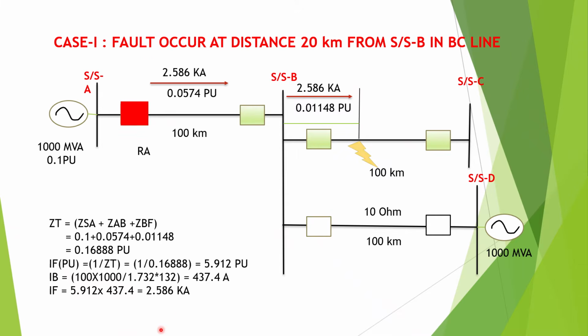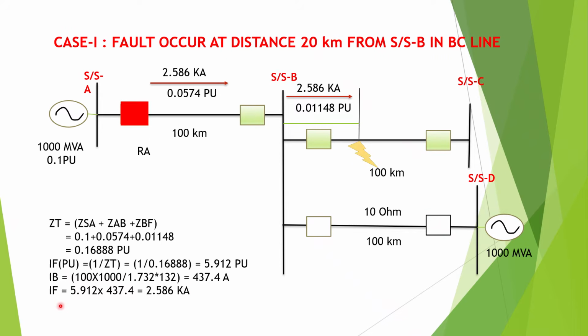Now, since the base MVA and base voltage are known, we can easily calculate the value of the base current, which is equal to base MVA divided by root 3 into voltage level into 1000, which is equal to 437.4 ampere.